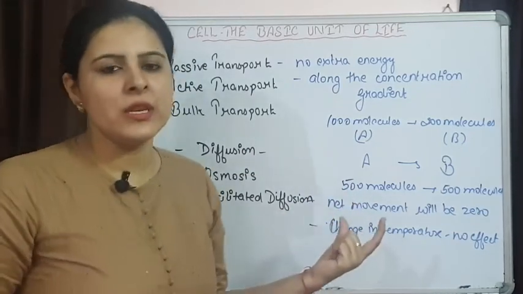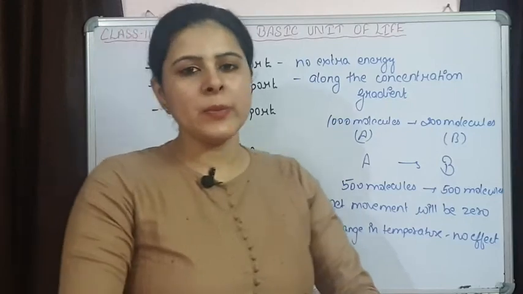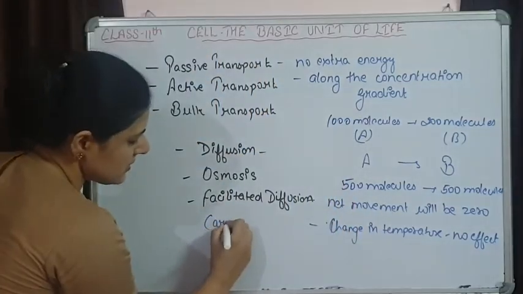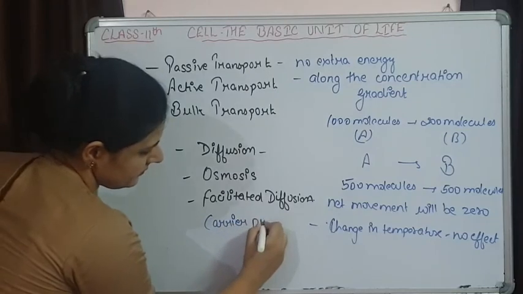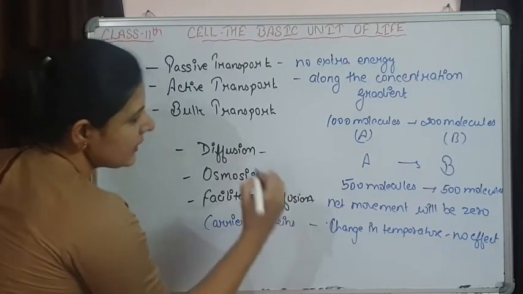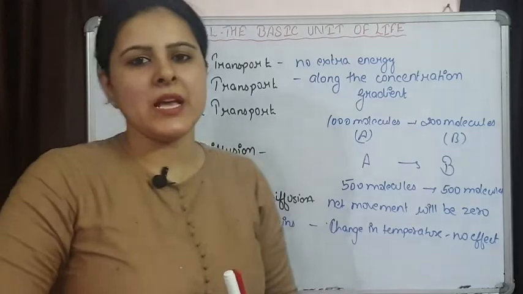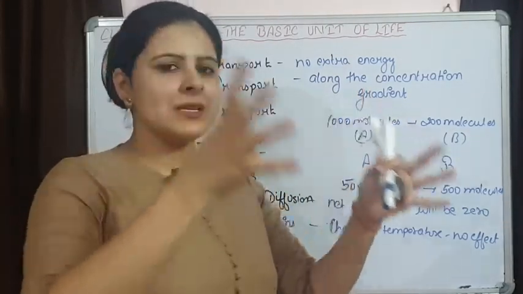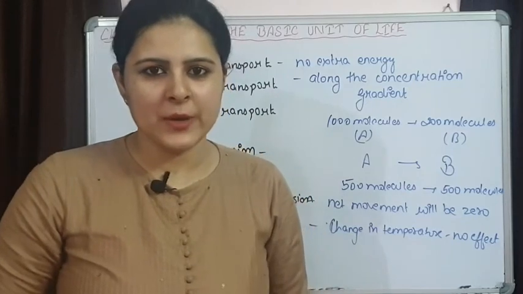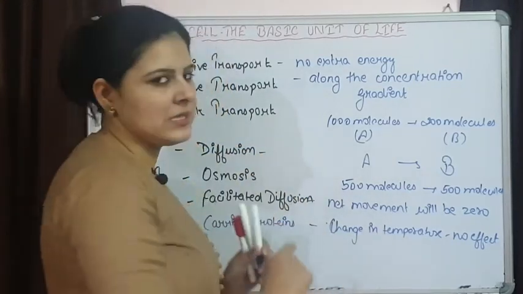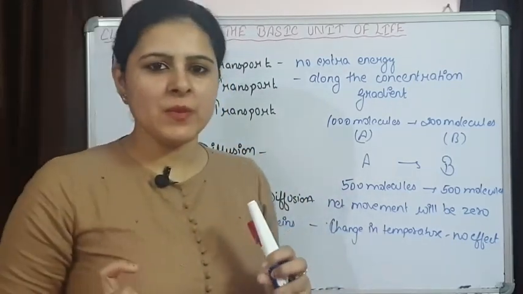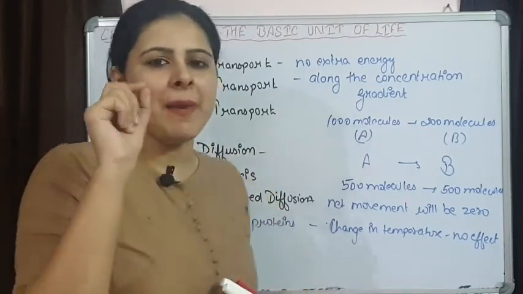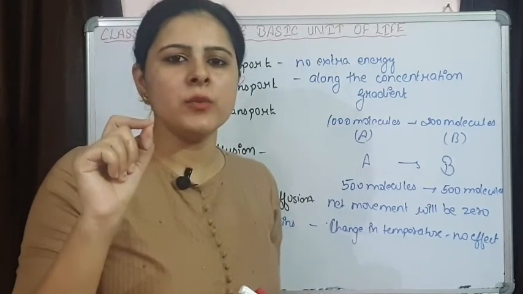Facilitated diffusion. Facilitated diffusion takes place with the help of some proteins which are known as carrier proteins. These carrier proteins are present in plasma membrane. In plasma membrane we talked about that intrinsic proteins are present and extrinsic proteins are present. So these proteins are present in the plasma membrane, and these have a binding ability for a particular molecule.